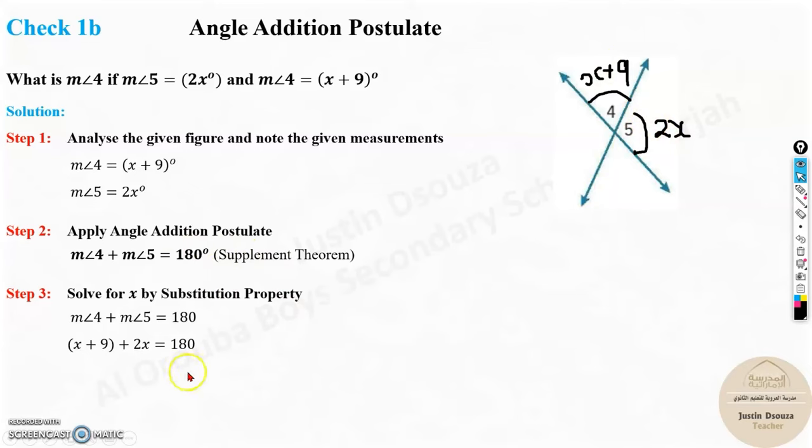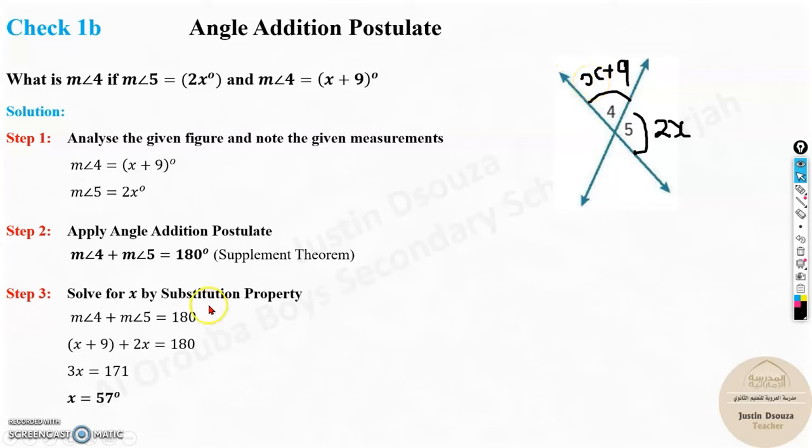So that's why from the supplement theorem we can write this as 180 degrees. Now you can simplify this. It'll be 3x equals 171, and take 3 to the other side. You're getting 57 degrees. Remember, this is not your final answer. This 57 degrees is just the x value.